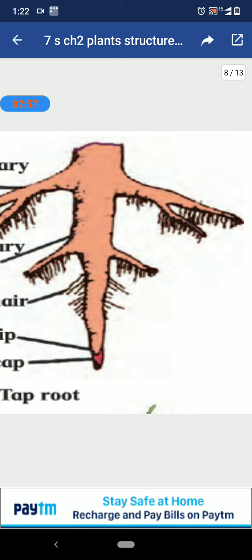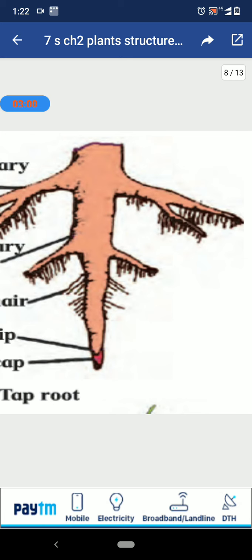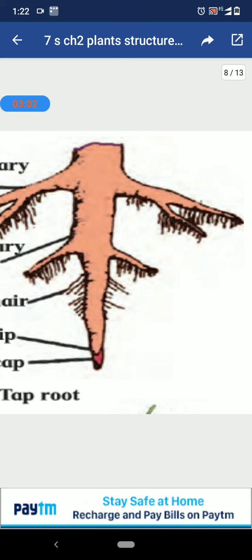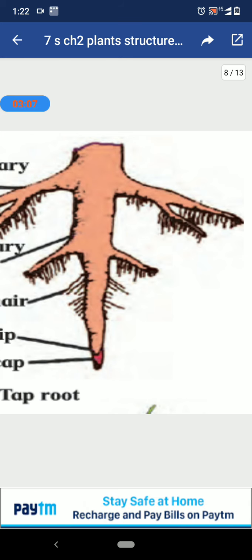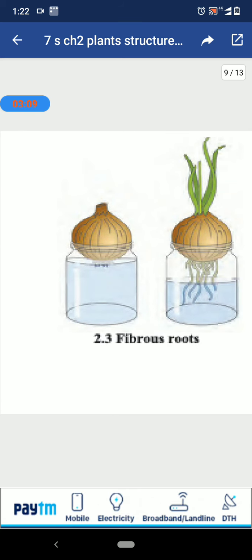Monocotyledonous plants have a single cotyledon and dicotyledonous plants contain two cotyledons. For example, I told you, a mustard seed, if you split it, has two equal parts. That is a dicotyledon.